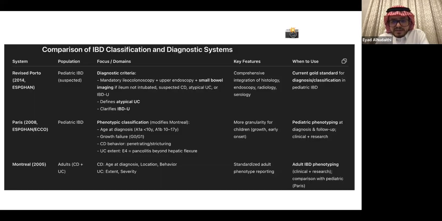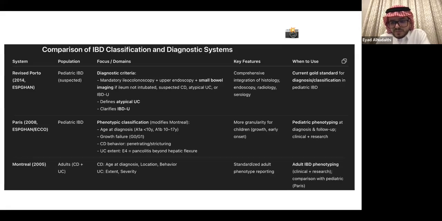So you can take a screenshot of the IBD classification just to be familiar with it, because there is Porto, there is Paris, there is Montreal, and there is a difference between Porto and Paris. Porto is for those who are suspected of IBD, not diagnosed. You are still suspecting, and if you read the revised Porto, it's very nice.